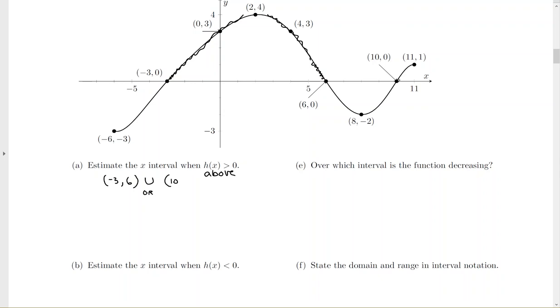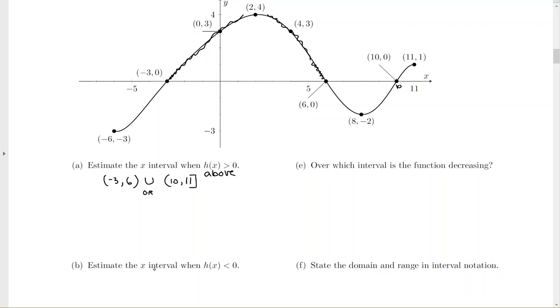We don't want to be on it, we want to be just to the right of it. So getting close to 10, all the way over to the number 11. And number 11 is definitely above the x-axis. So we're going to put a bracket on that number. The number 10 at x equals 10 is not above, it's on. So that's why we use a parenthesis there.